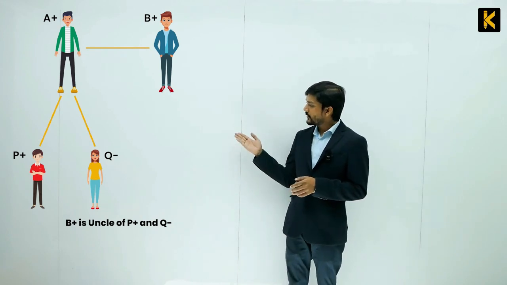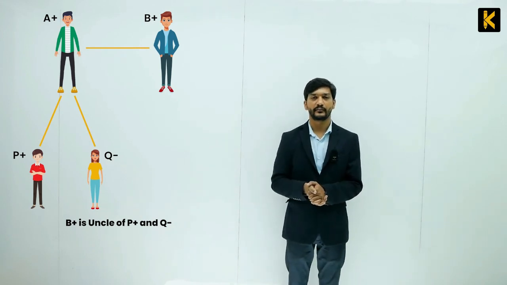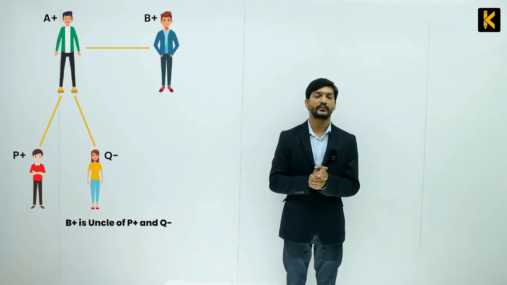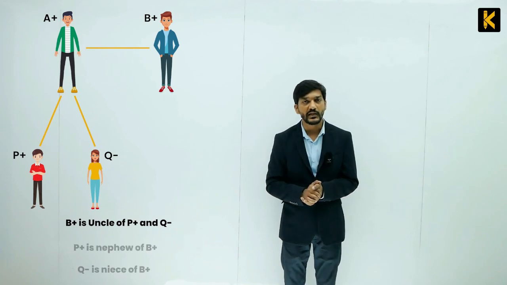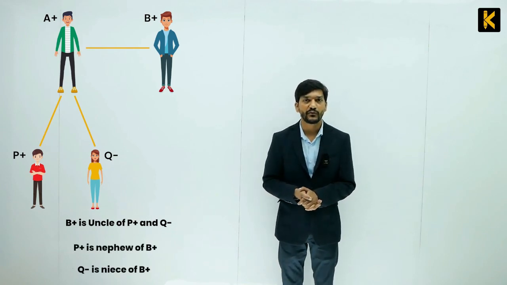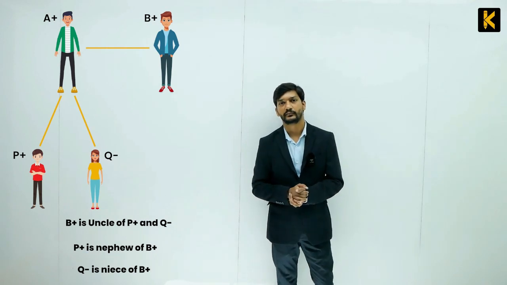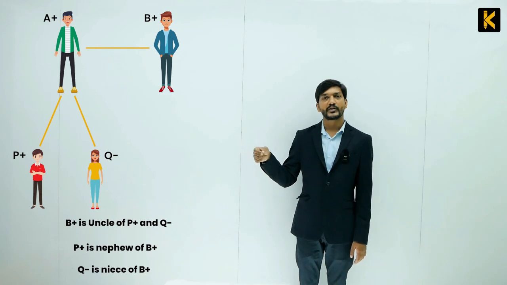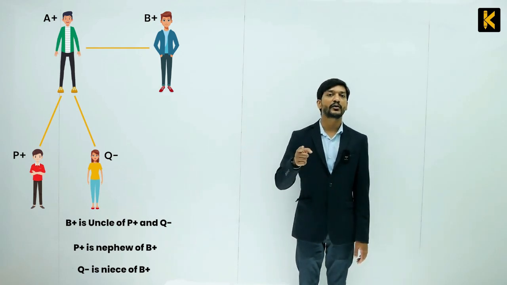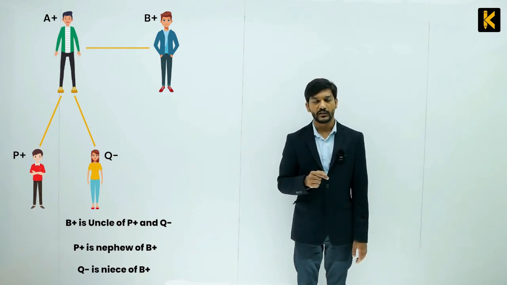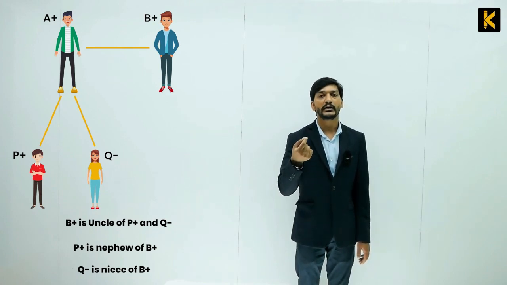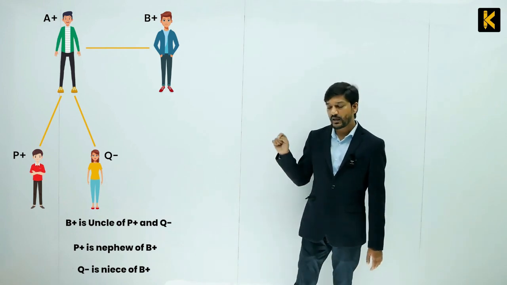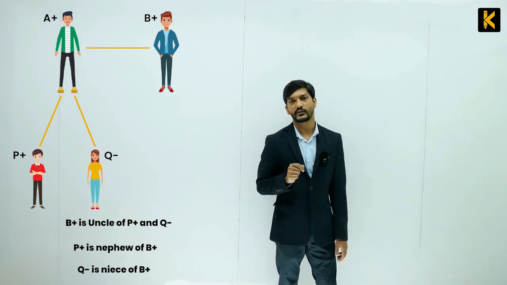So for B, the kids will be what? B is the uncle, so for B, P and Q will be nephew and niece. P, which is the male person, will be called the nephew. For a male person, the word nephew is used, and for a female person, the word niece is used.